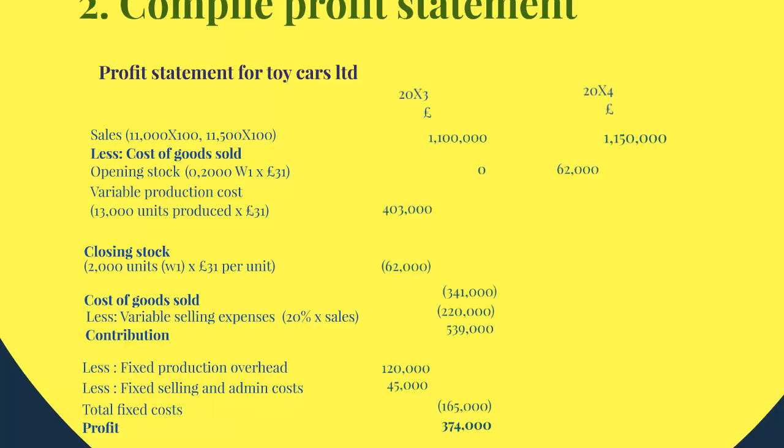So that £62,000 we had in closing stock at the end of the first year, we now add back on at the start of the second year, because those are products that do not need to be sold again or created again. And our total production cost this time is 310,000, because of course we produced 10,000 units this year at £31 a unit.